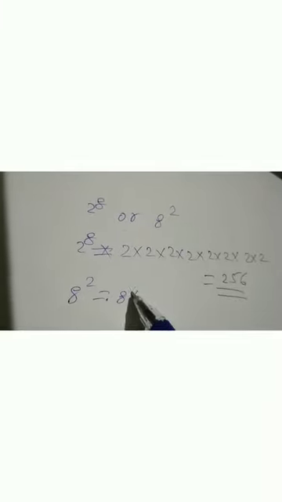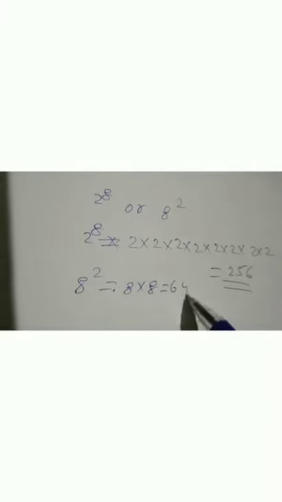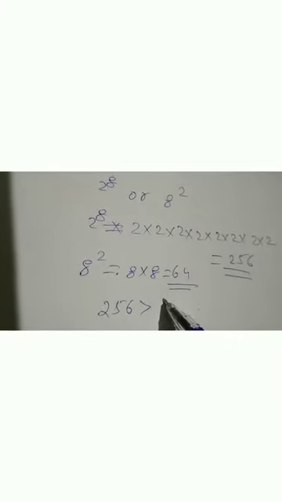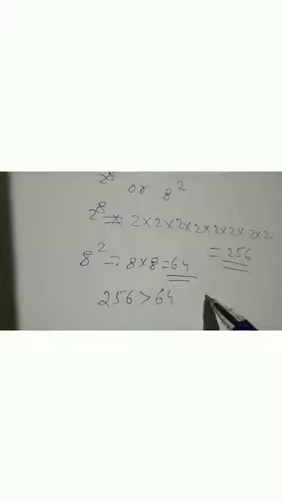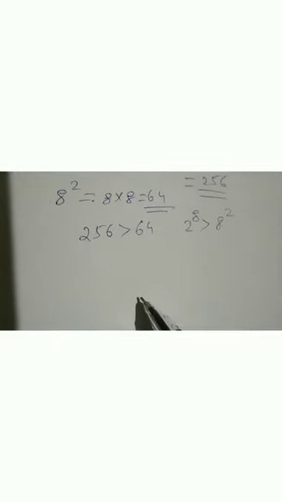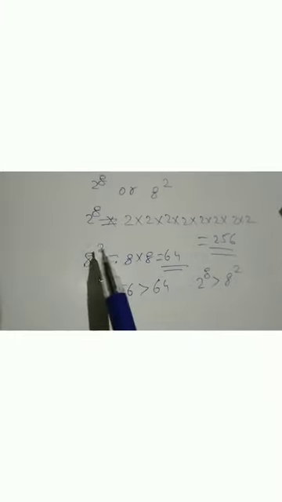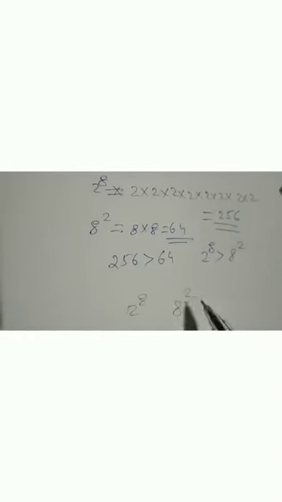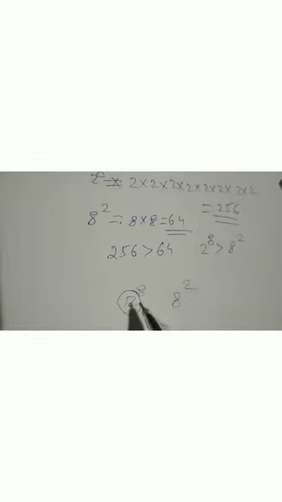That is 8 into 8 is equal to 64. So it's very clear 256 is greater than 64. So 2 raised to 8 is greater than 8 raised to 2. Okay. So think about 2 raised to 8 and 8 raised to 2. Here the base is 2, the power is greater.